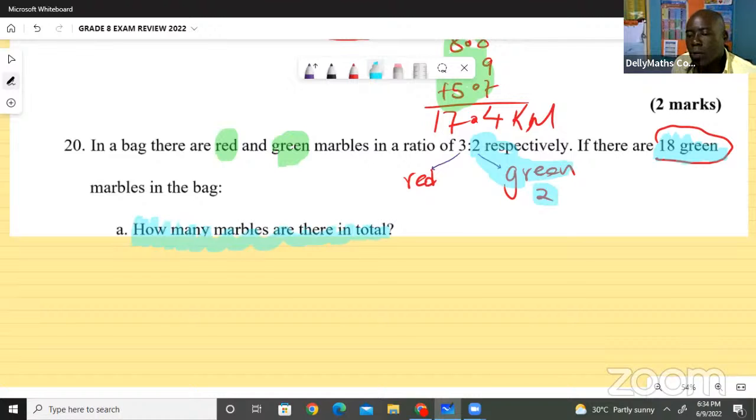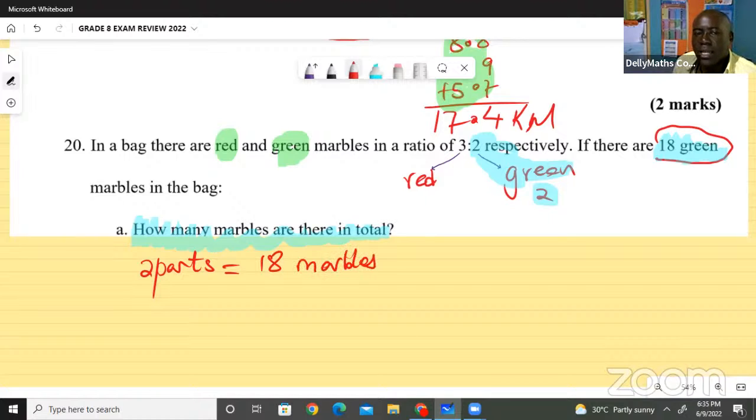There is more than one way, so let us look first. Let us start off by saying there are 2 green. The ratio that we got is 2 parts, and those 2 parts produce 18 marbles, because it just said here that the green is 2 parts and there are 18.